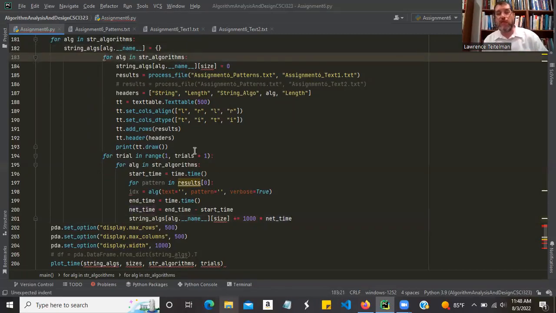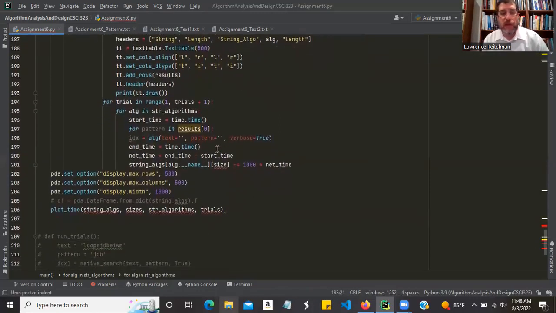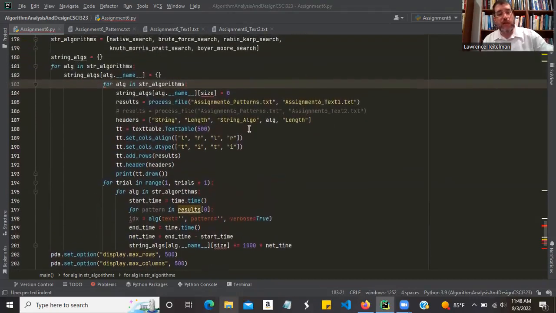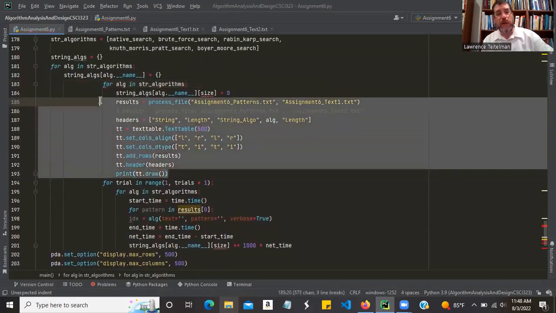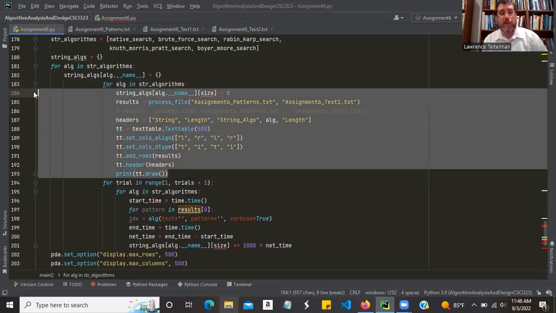Put that all into a regular Python multi-dimensional list. Then when you're done, use that to feed the table. So I wouldn't try to make the table and output to the table in the middle of the loop. Do that at the end. Just like with the other assignments, we did our data frame at the end, right? We built up the data, but the data frame we did at the very end.